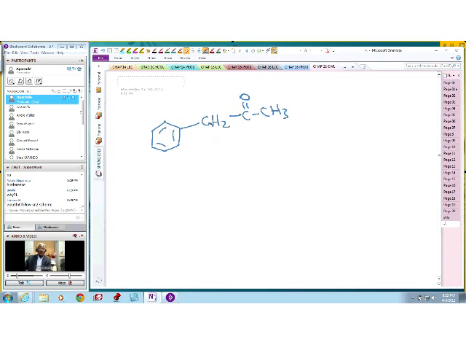Can you make this compound directly from acetoacetic ester synthesis or malonic ester synthesis? Yes or no?